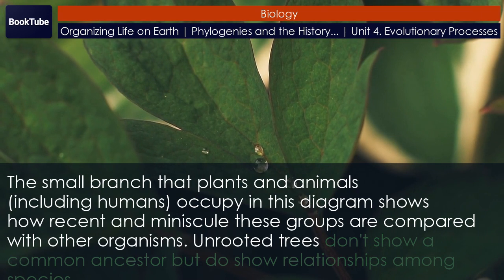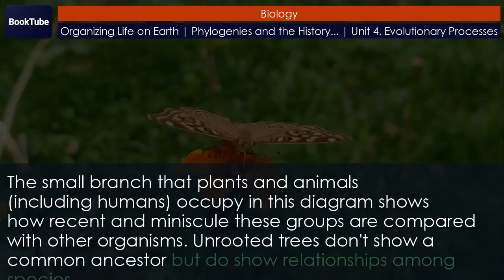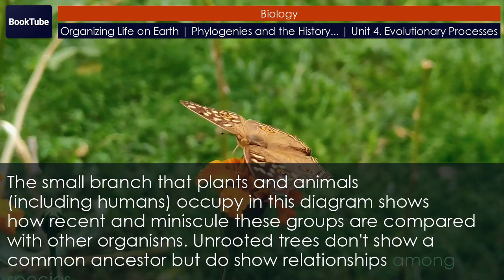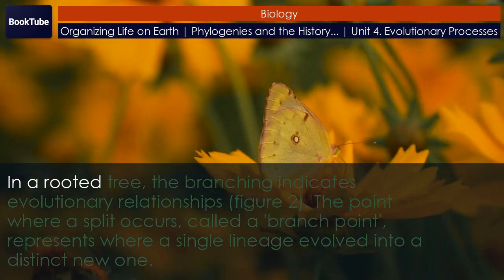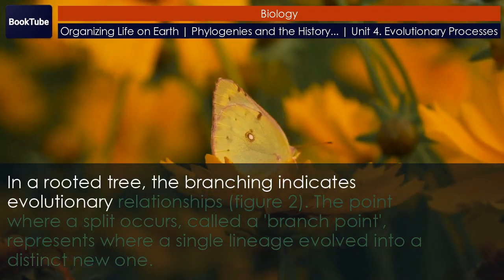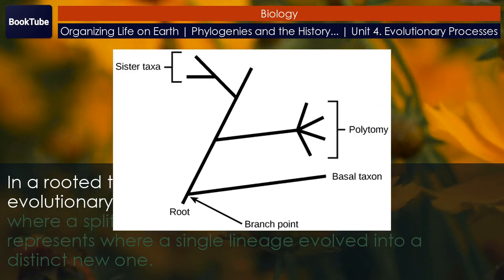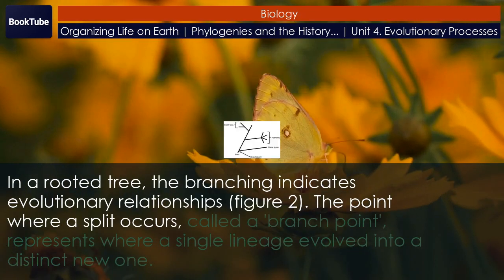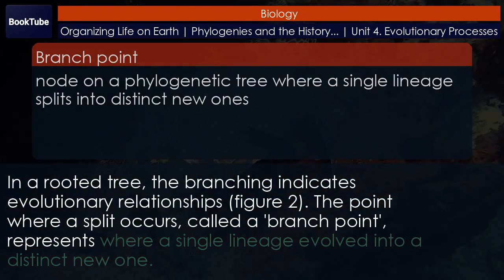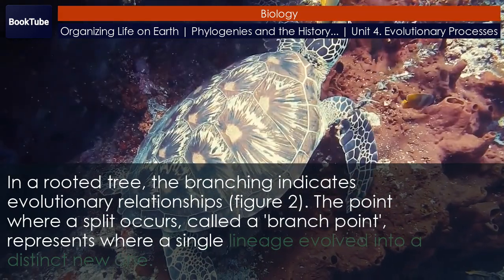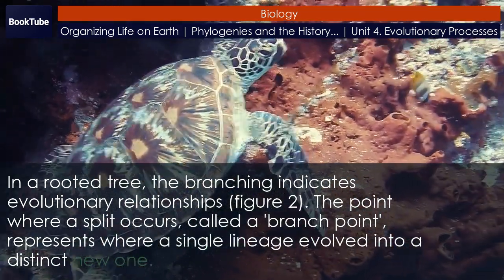Unrooted trees don't show a common ancestor but do show relationships among species. In a rooted tree, the branching indicates evolutionary relationships. Figure 2. The point where a split occurs, called a branch point, represents where a single lineage evolved into a distinct new one.